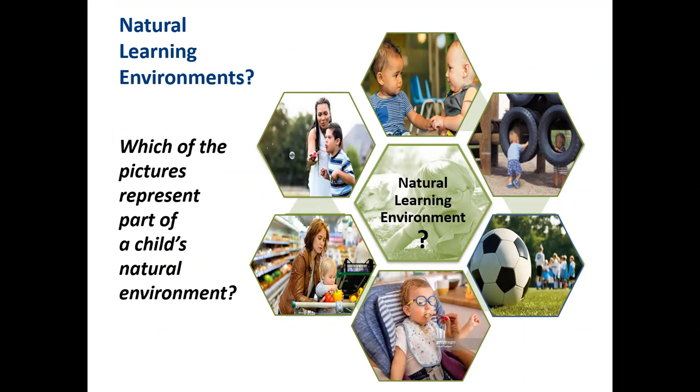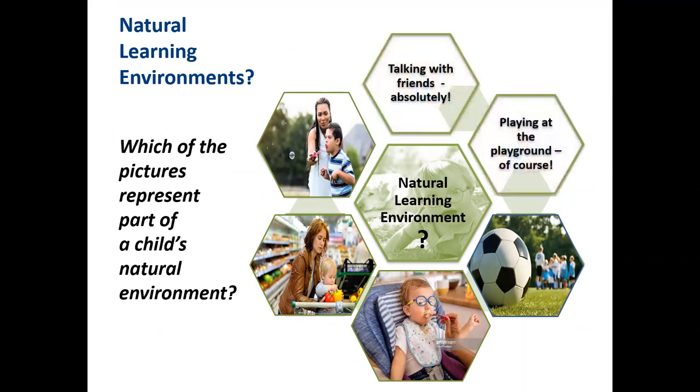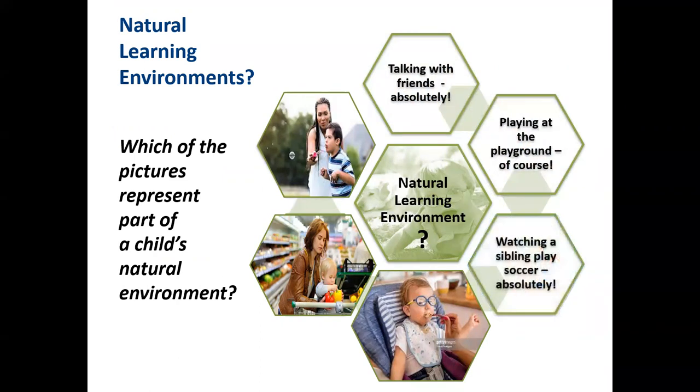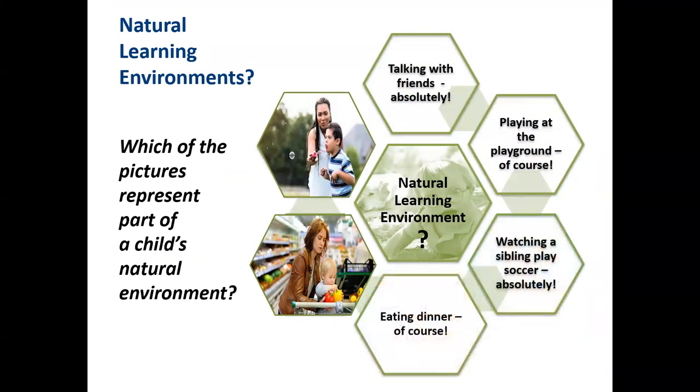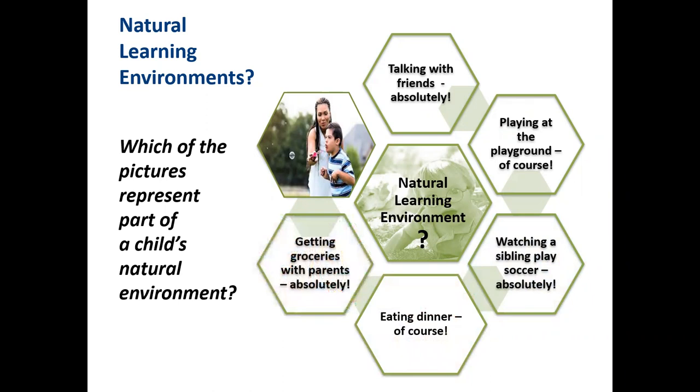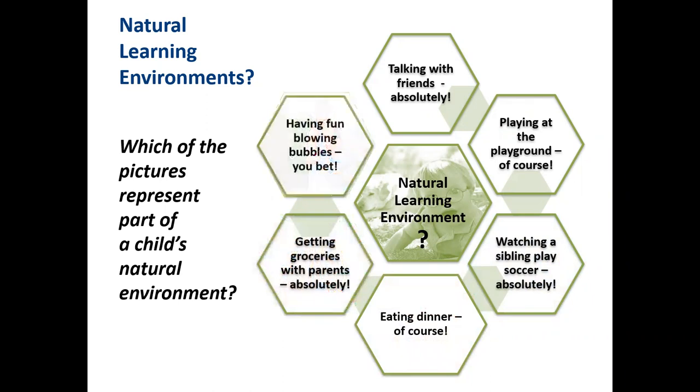If you said yes, you are correct. All of these are part of a child's natural environment. All the activities, routines, and places that a child spends time with the people that he or she is closest to are part of the child's natural environment.